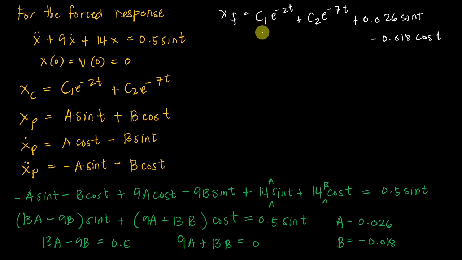Now, we will use the initial conditions, these two, to find the values of C1 and C2. And before we get C1 and C2, we first need to find the first derivative.